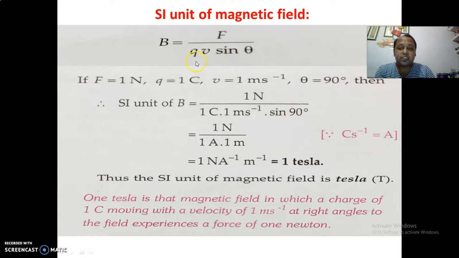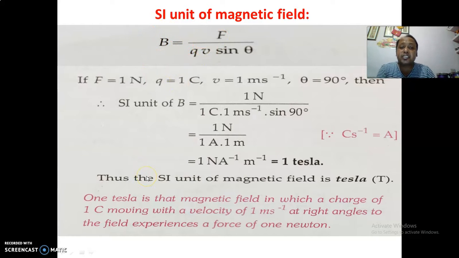I hope this is very clear to you. Whenever we say 1 Tesla, we consider a charge of 1 coulomb moving in that magnetic field with a velocity of 1 meter per second, and if the angle between the velocity and the magnetic field is 90 degrees, then the force that it will experience will be 1 Newton. So that's how we define 1 Tesla.